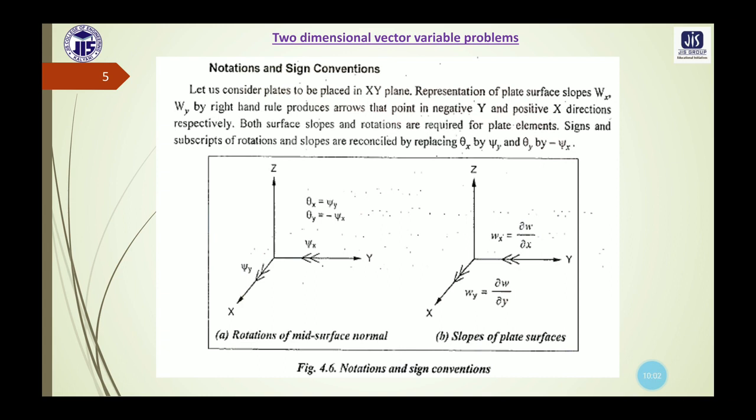The representation of plate surface slopes Wx, Wy by the right hand rule produces arrows that point in the negative y and positive x direction respectively. Both surface slopes and rotations are required for plate elements. The signs and subscripts of rotations and slopes are reconciled by replacing theta x by psi y and theta y by minus psi x.